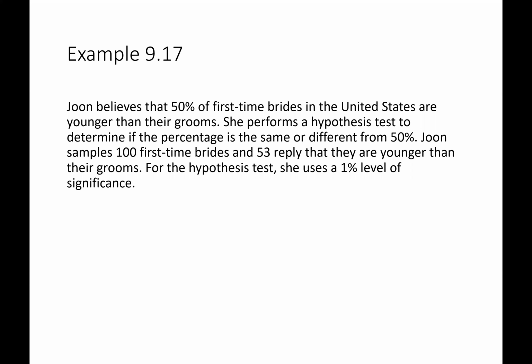June samples 100 first-time brides, and 53 reply that they are younger than their grooms. For the hypothesis test, she uses a 1% level of significance. All right, so number one, what leads you to understand that this is a hypothesis test of a proportion and not a mean?